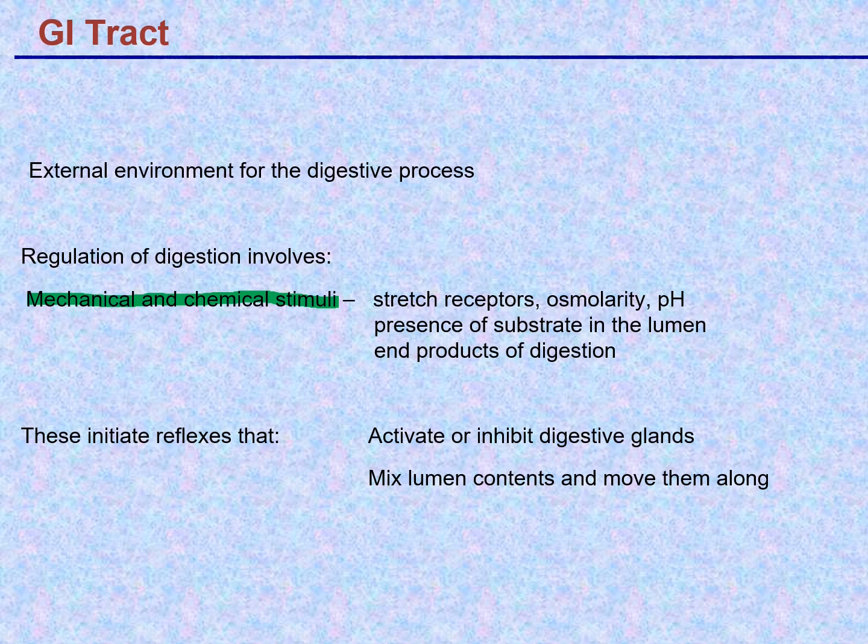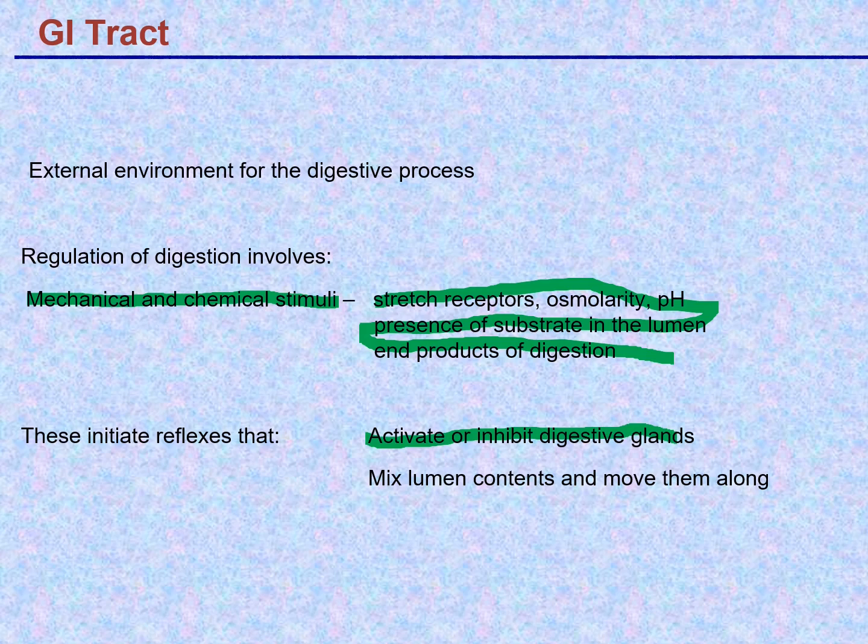And that's the kind of thing that does happen in the GI tract, where different kinds of stimuli, on the basis of different changes, will send signals into the spinal cord and trigger response signals to effector organs, and will activate or sometimes inhibit digestive glands.